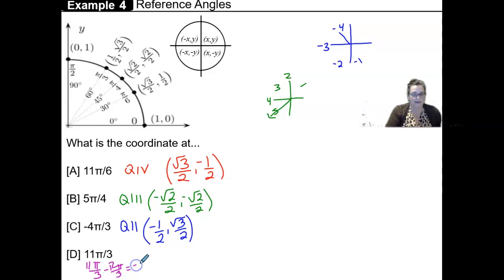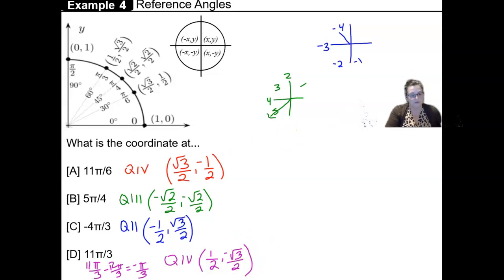That would be negative pi over 3. And I know then that that is in my fourth quadrant. So I'm using a pi over 3 reference, which has an x-coordinate of 1/2. That's positive in quadrant 4, but y is negative, so negative root 3 over 2 is my y value.